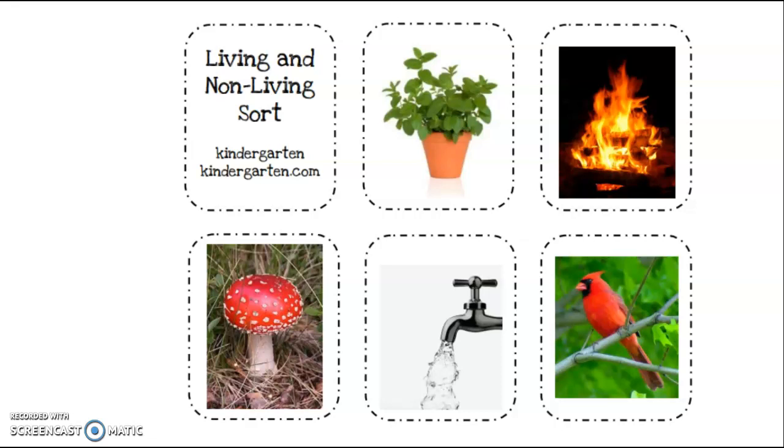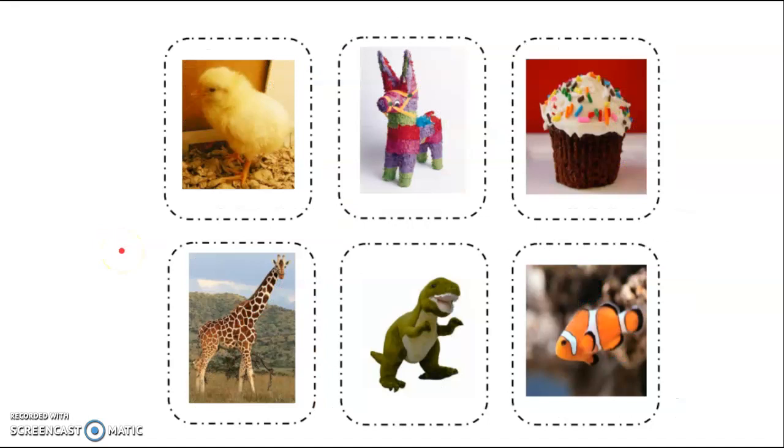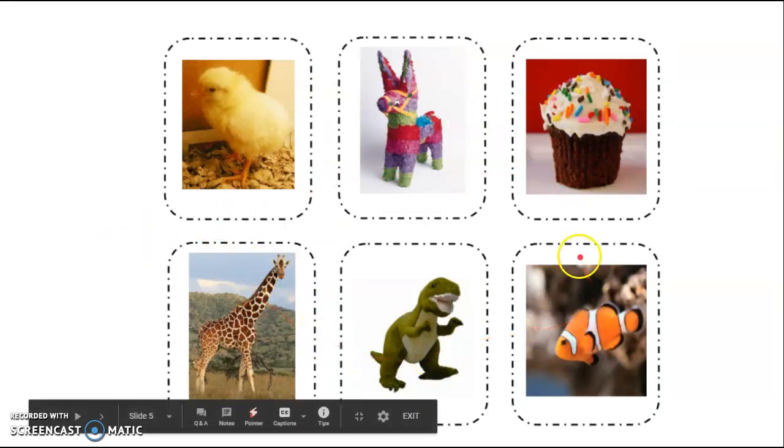After this activator activity, the students came back together and had a discussion about what they saw in the pictures. Then the teacher explicitly taught what living things are and what non-living things are, using real images, songs, and videos. So here's some other pictures that the teacher used to teach this lesson.